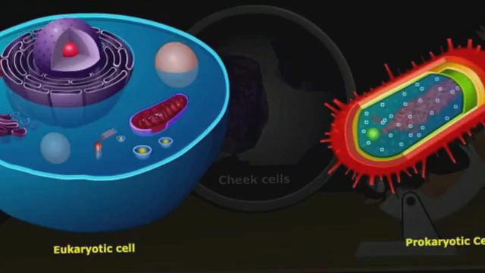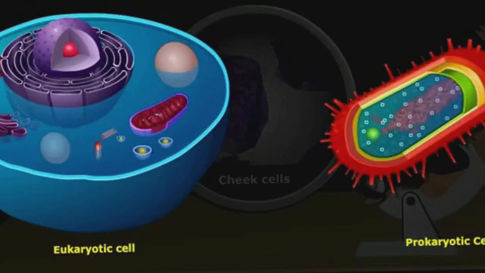The cells that do not have a nuclear membrane-bound nuclear material are called prokaryotic cells. Examples of these: cyanobacteria, blue-green algae, etc.